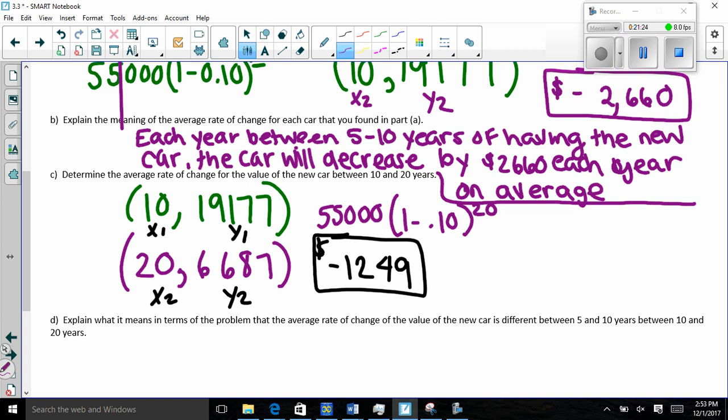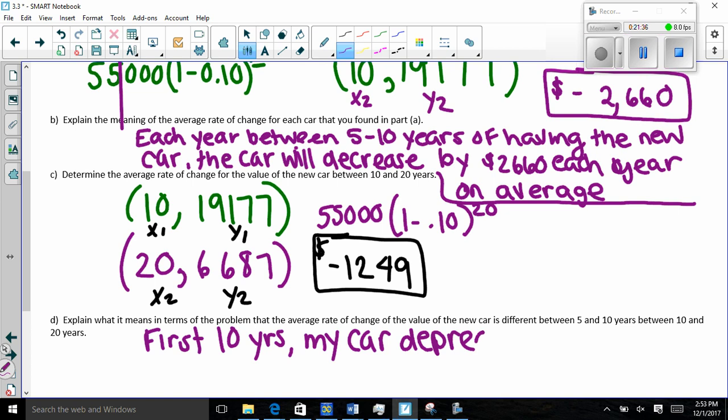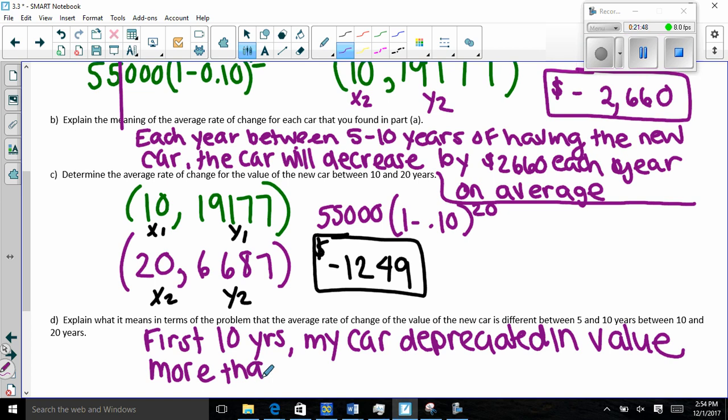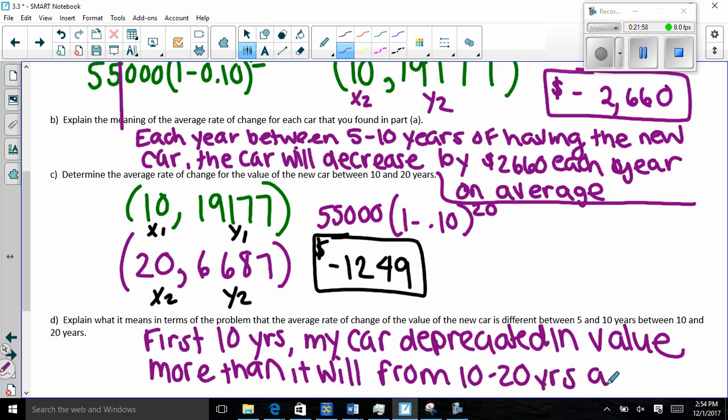So in the beginning, the first 5 to 10 years, the first 10 years, my car depreciated value, and then it will change less from 10 to 20 years after that.